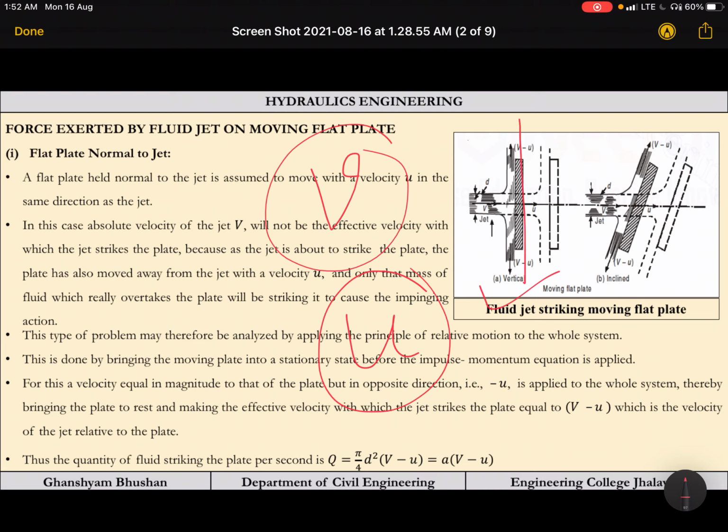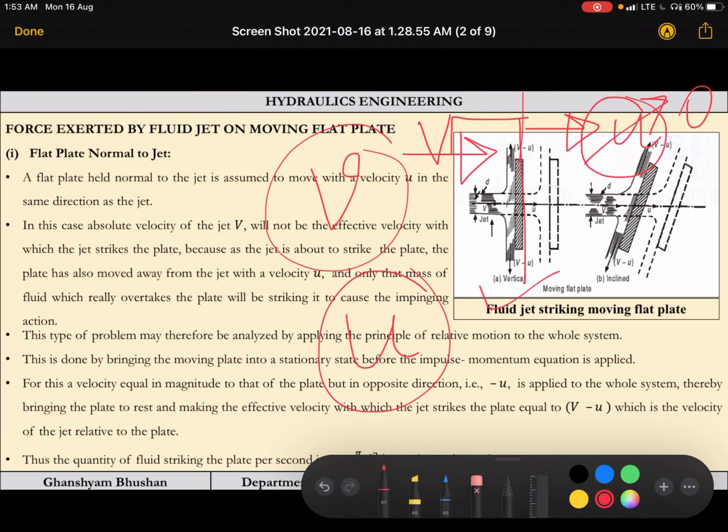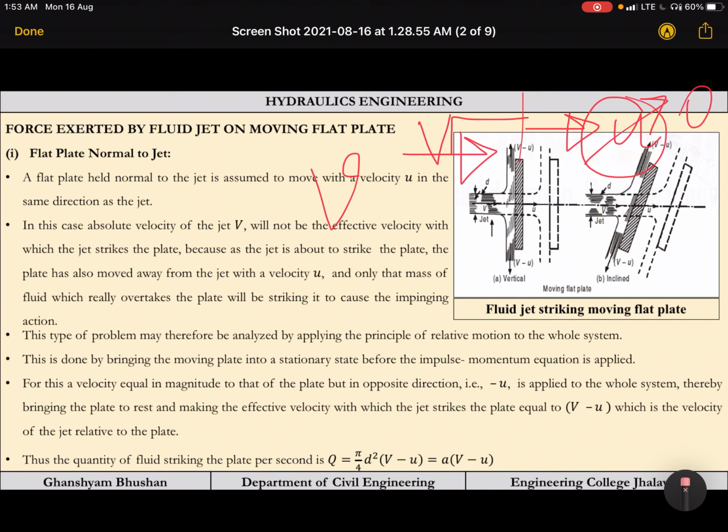This is the plate and this is the jet. This is 90 degrees, and now this plate is also moving with velocity u. This was capital V, and now this velocity is u. If we make u as 0, the case will become the first case.